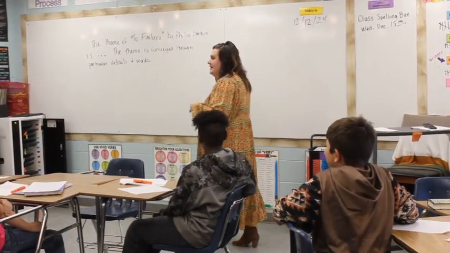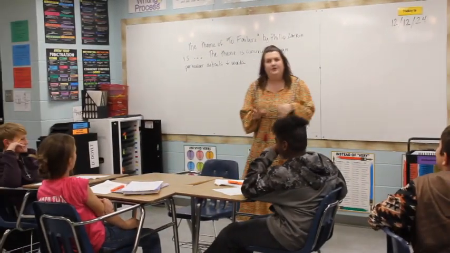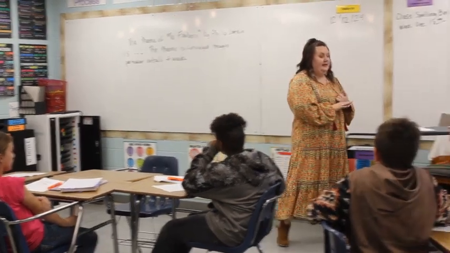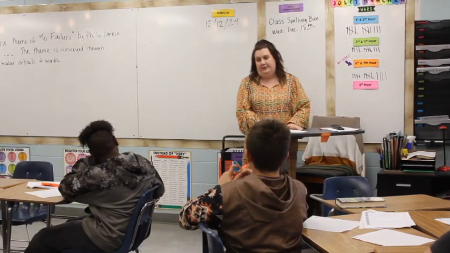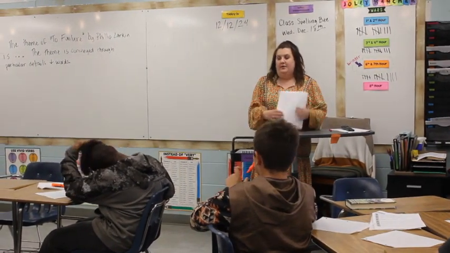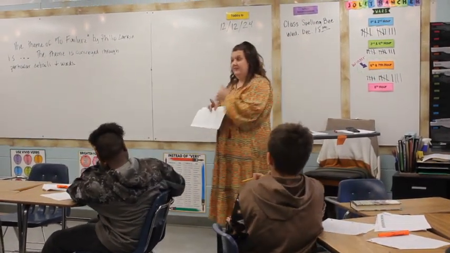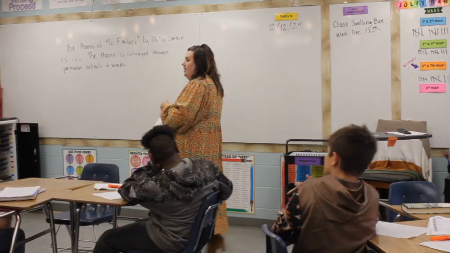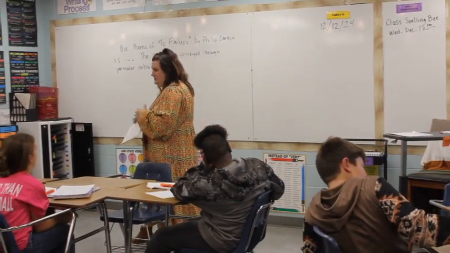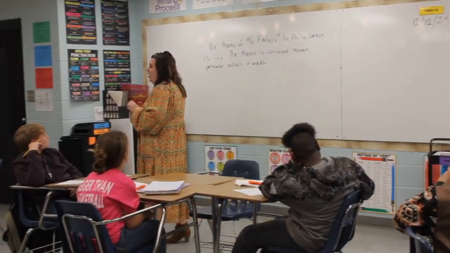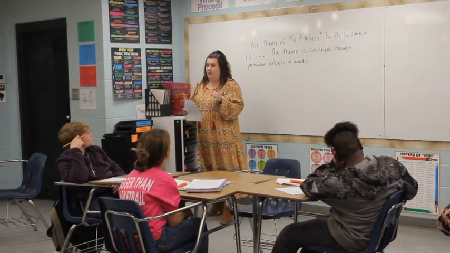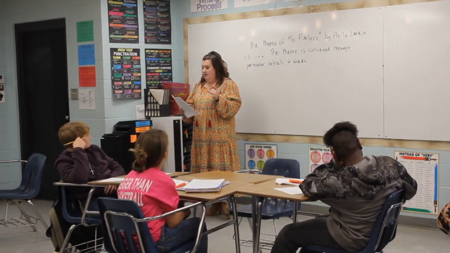Alright guys, so over the course of a couple of days, we analyzed our poem "To Failure" by Philip Larkin. We also analyzed figurative language. We looked for connotations of words. We looked for tone.